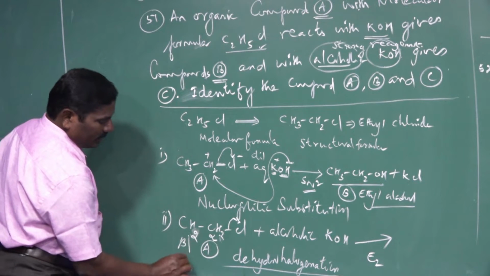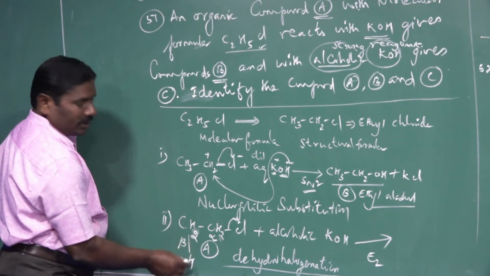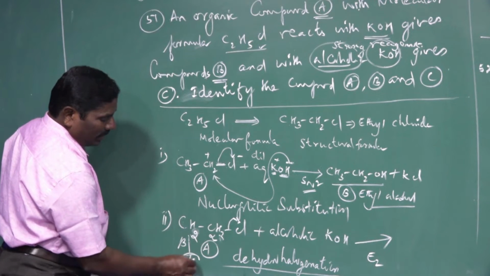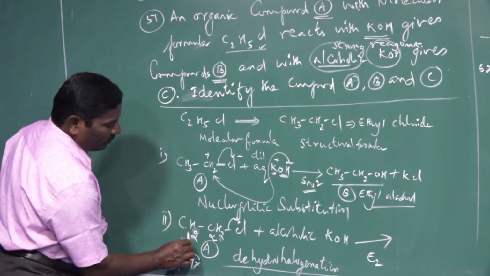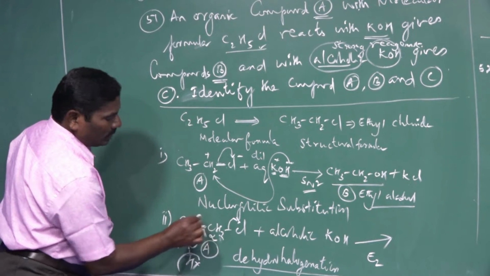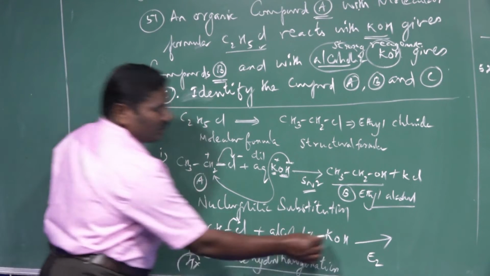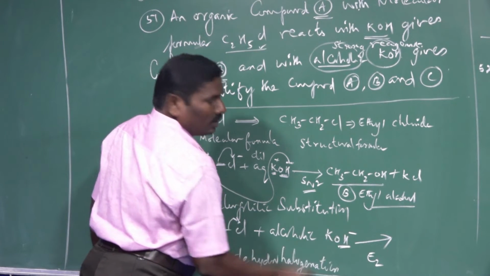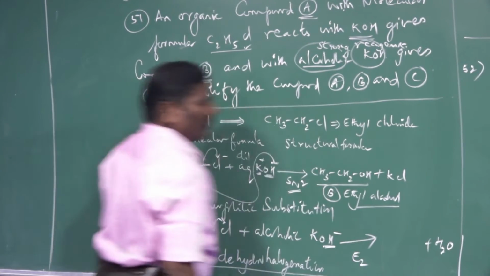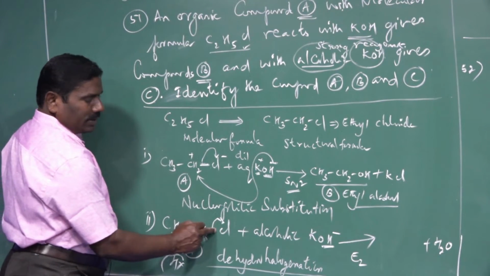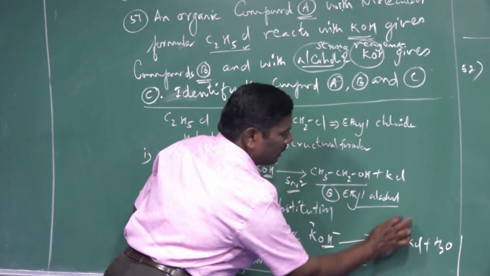Now the beta carbon containing CH3 expels an H plus, and a bond shifts to here. This H plus reacts with OH minus, and the product formed is H2O. What is remaining: the Cl minus reacts with the K plus, and the product is KCl.